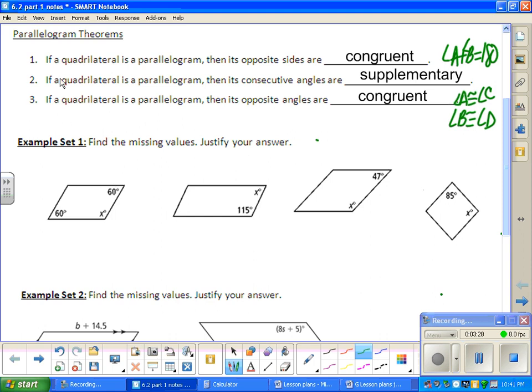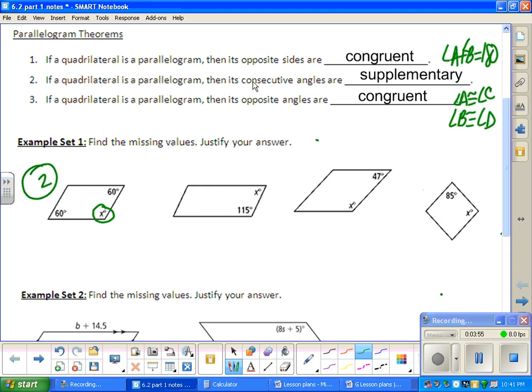We're going to talk about which one we're going to use to solve this. I want to know what x equals. I'm not looking at sides, I'm looking at angles. Here we have consecutive angles or opposite angles. I don't have an opposite, the opposite angle will be here. So I have to use the consecutive, theorem 2.